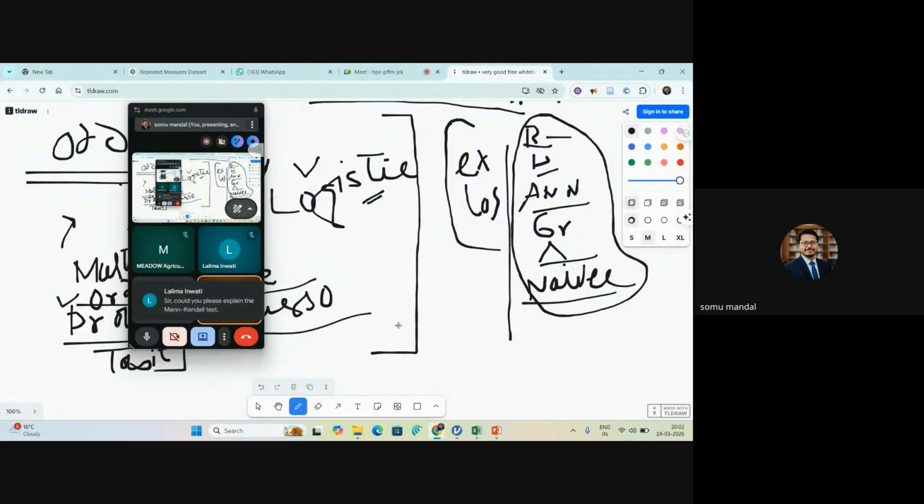Mann-Kendall test is actually a trend analysis. If the data is stationary, then we consider the Mann-Kendall test along with the Sen's slope test. Mann-Kendall test is a trend analysis: how far your data is upward trended or downward trended.